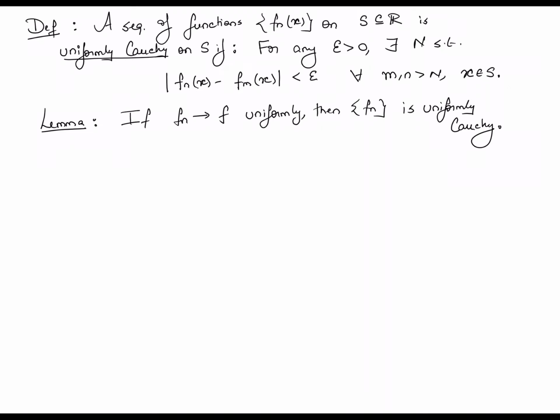Right? This should be quite easy to prove, because after all, if fn is going to be uniformly bounded around f, that means that beyond a certain point the elements of the sequence must also in fact be uniformly bounded from each other, very analogously to the way you show that a convergent sequence is a Cauchy sequence. Okay, so this is straightforward.